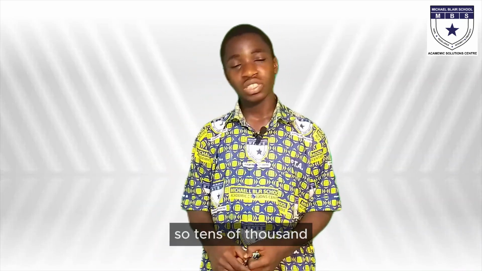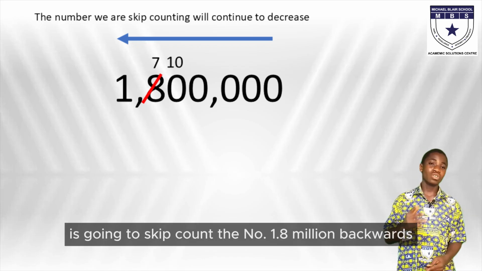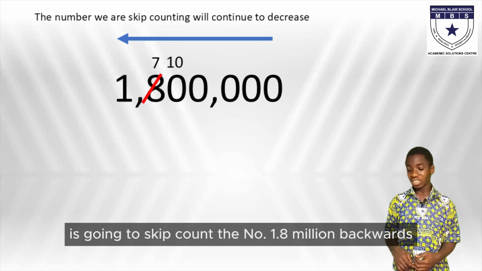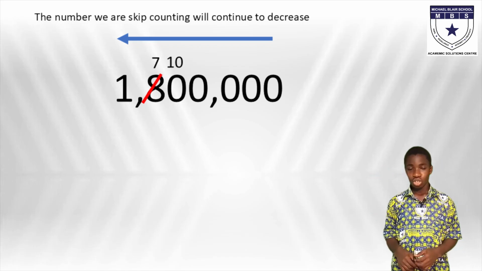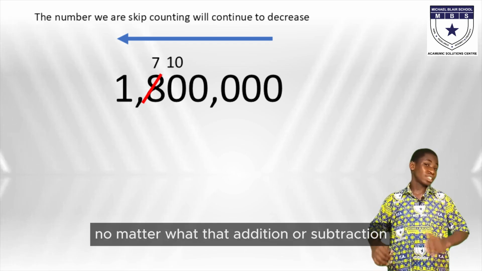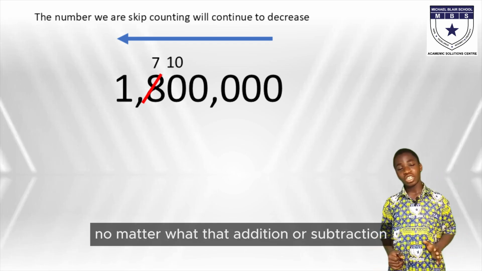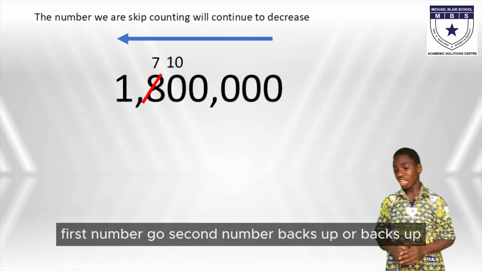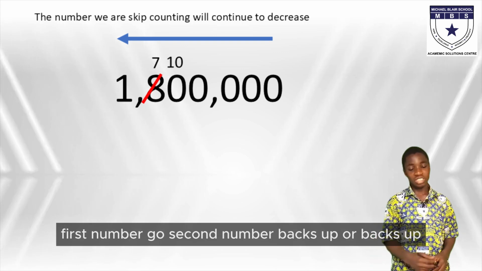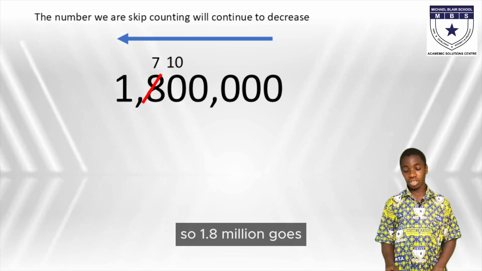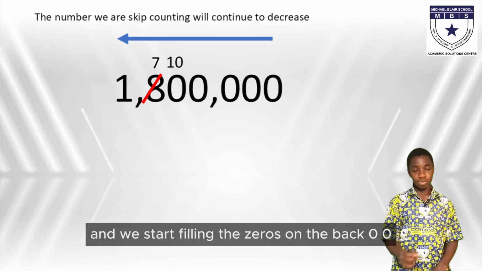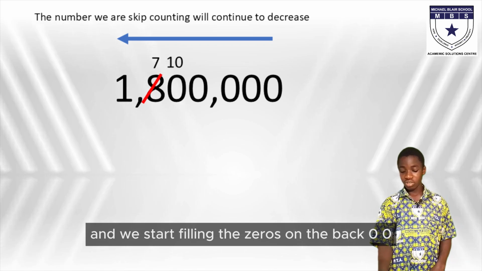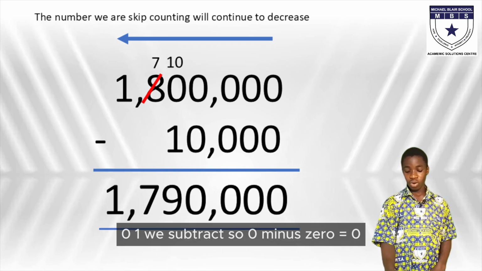So tens of thousands is going to skip count the number 1,800,000 backwards. So don't forget, no matter whether it's addition or subtraction, first number goes, second number backs up. So 1,800,000 goes, and we start filling the zeros from the back. 0, 0, 0, 0, 1.